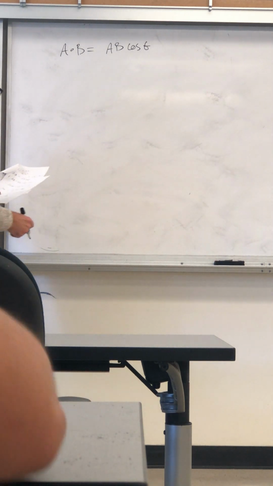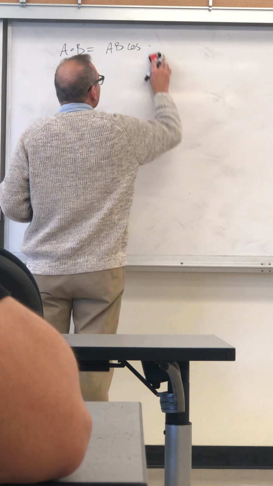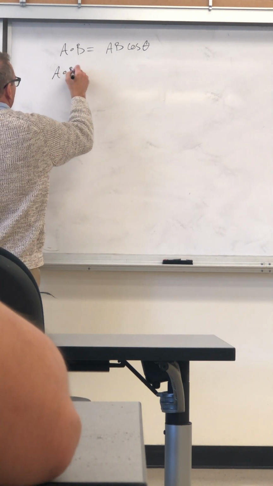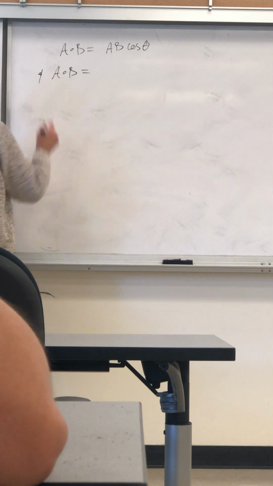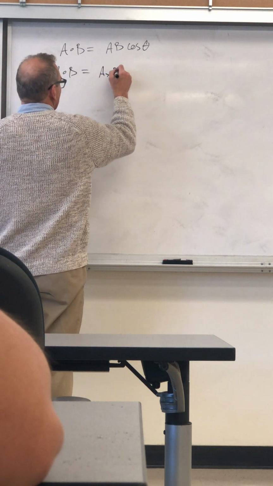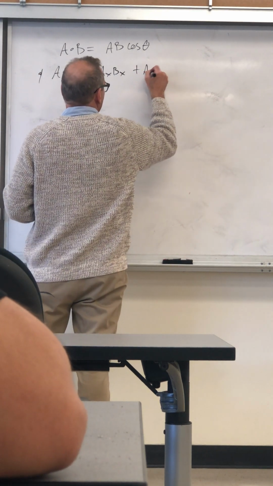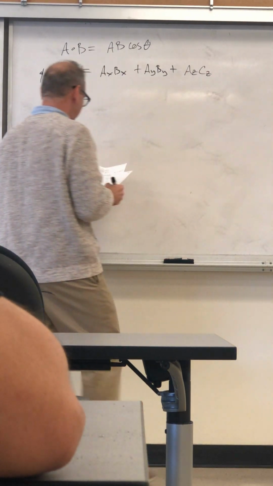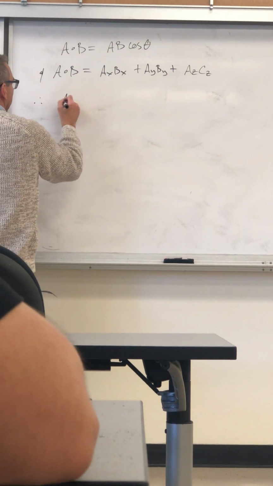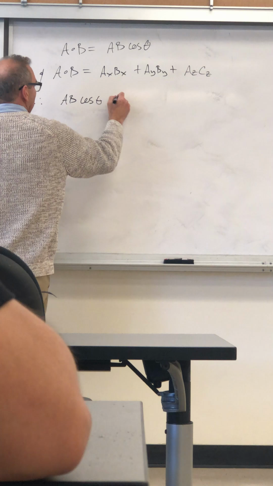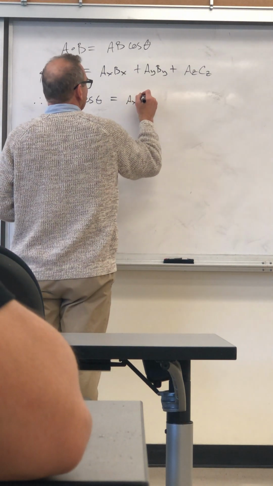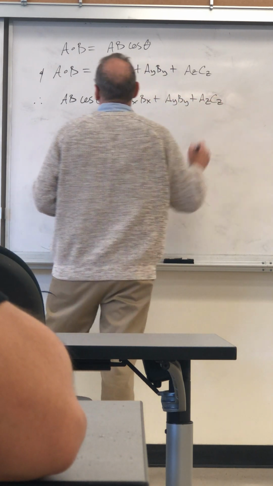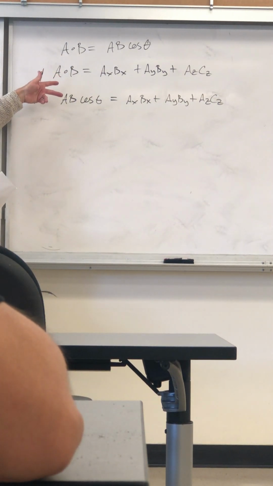A dot B is AB cosine theta. And A dot B is AX BX plus AY BY plus AZ BZ. So therefore, these two are equal, right?